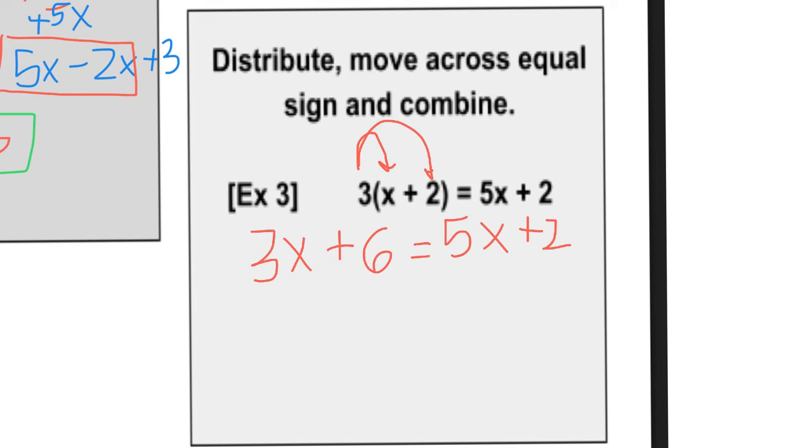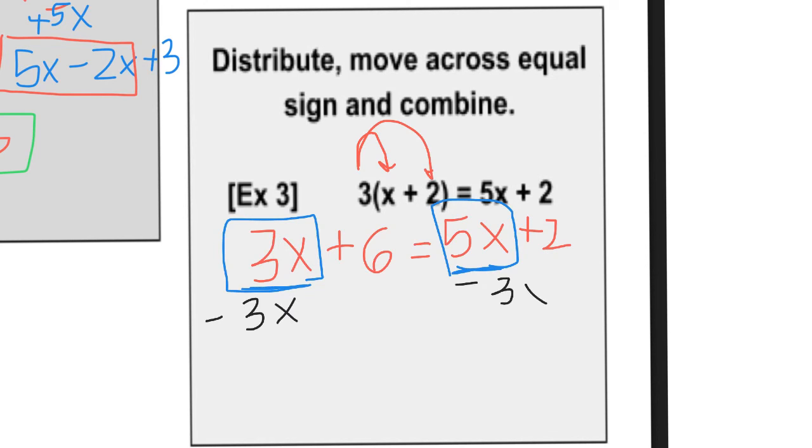So then when we look at this one, we have to think about which variable we want to move. We have 3x, and we have 5x. I would choose to move the 3x because it's smaller. So I'm going to subtract 3x from both sides because it's positive, and then rewrite it in here, I would have 3x minus 3x plus 6 is equal to 5x minus 3x plus 2.